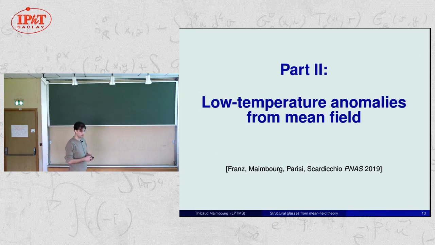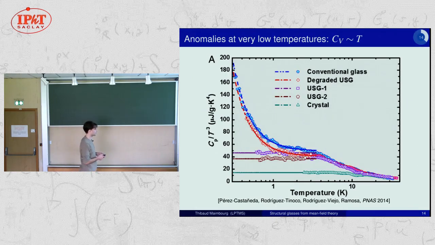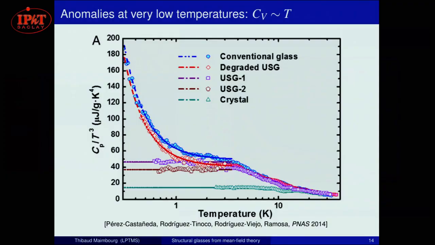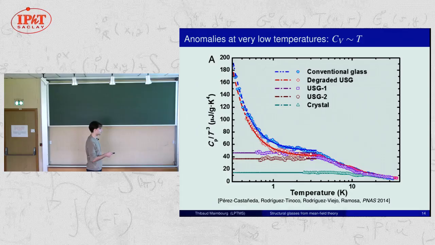So let me first describe the type of experimental result we want to address. So typically now we are considering a liquid or more a glass at extremely low temperature, so below 10 Kelvin. Okay, so here the glass is totally frozen. It's totally an amorphous solid.